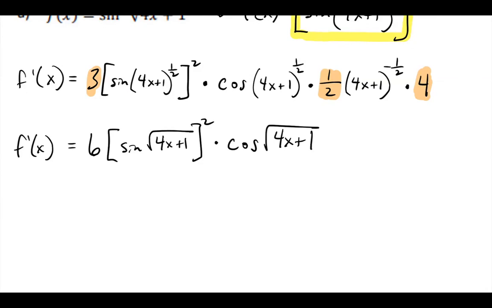This guy, the last guy right here, 4x plus 1 at the end, that has a power of negative 1/2. So it's going to have a root, but it also has a negative 1/2. So when I put that root back, I'm going to put it on the bottom because it has a negative power.